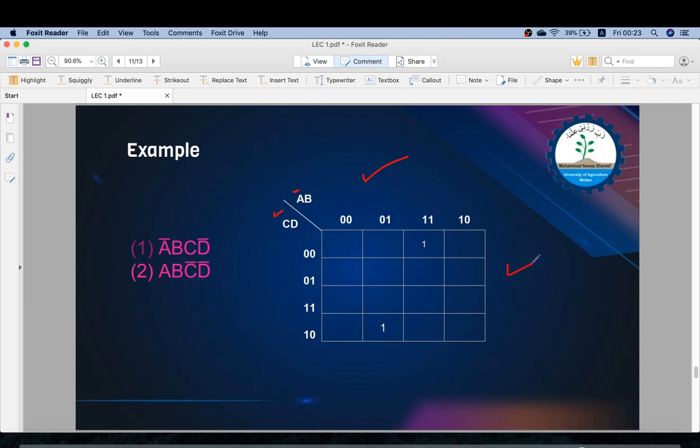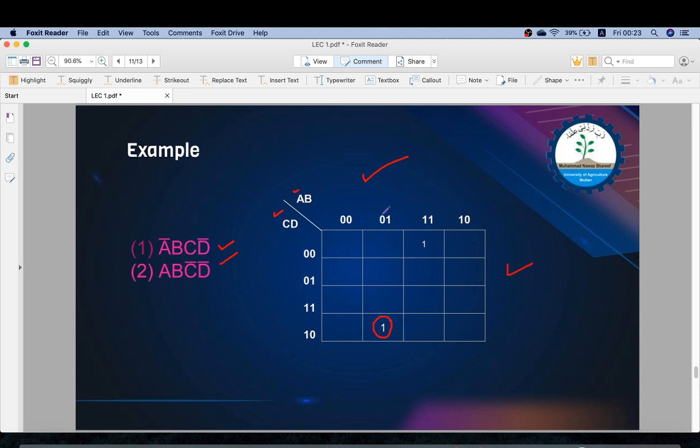So there are 16 cells there. We have to plot these expressions on this map. So the first one is A complement, B, C, D complement.